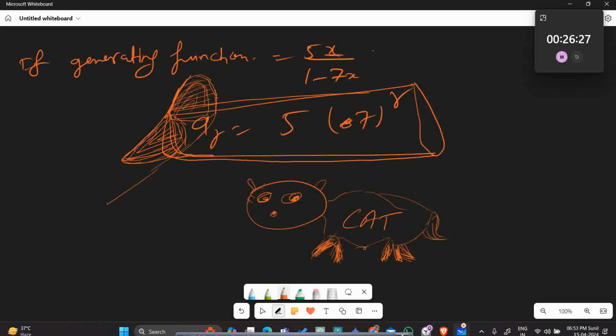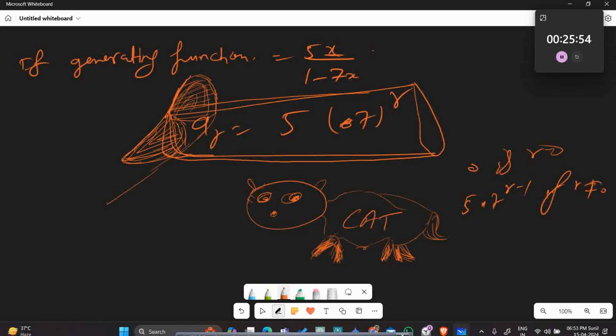Yeah, it could be a function: 0 if r equal to 0, 5 into 7 to power r minus 1 if r is not equal to 0. What about that?